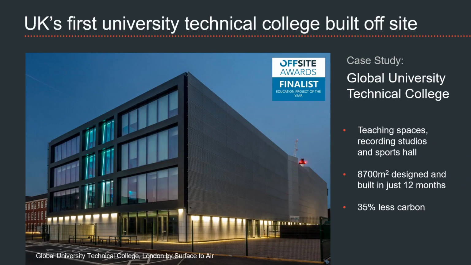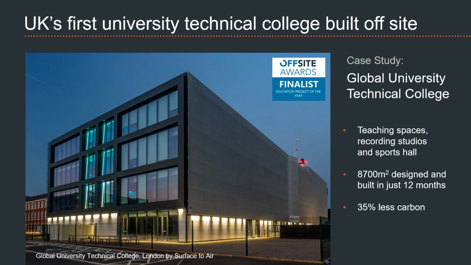Designed in partnership with leading architectural firm Surface to Air, one leading modular construction company seamlessly combined modular technology with a traditional building system to create an iconic, forward-thinking learning environment. This 8,700 square metre technically complex building combines state-of-the-art TV and radio studios with flexible teaching spaces, informal learning zones, a dining area, a sports hall and a lecture theatre.